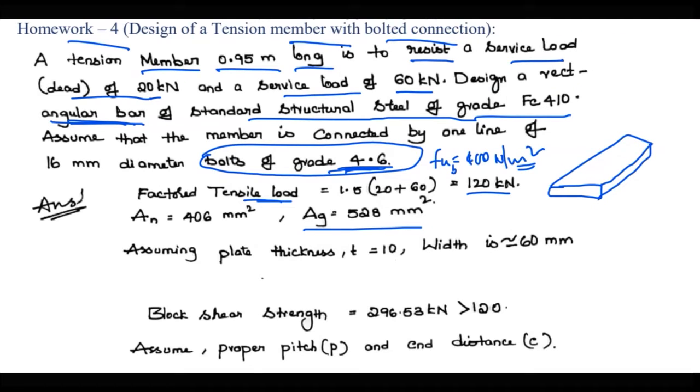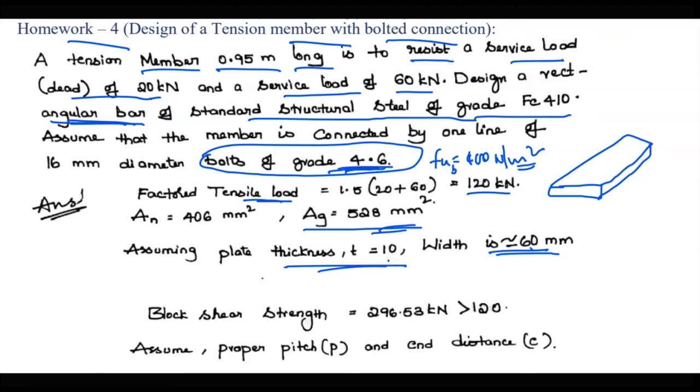This has to be the tension member. So now you have to assume a certain thickness of the plate and find the width of the plate based on the cross area. So you can easily get 528 mm square divided by 10, which will give you the width of the plate, so width 60, into 10, 600 around, right?